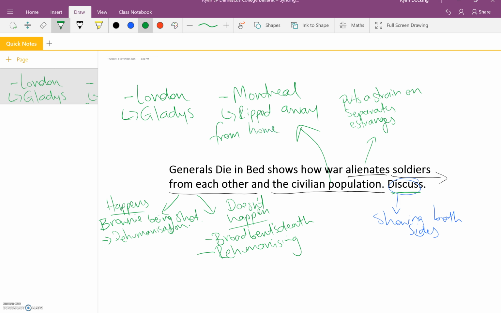Okay. Now, if we were to think about this even further, which of course you want to do, we can think about how these themes come through in these separate discussions that we've got going on here. So in London with Gladys, I'm just going to put the themes in red. For London with Gladys, we've got class difference.